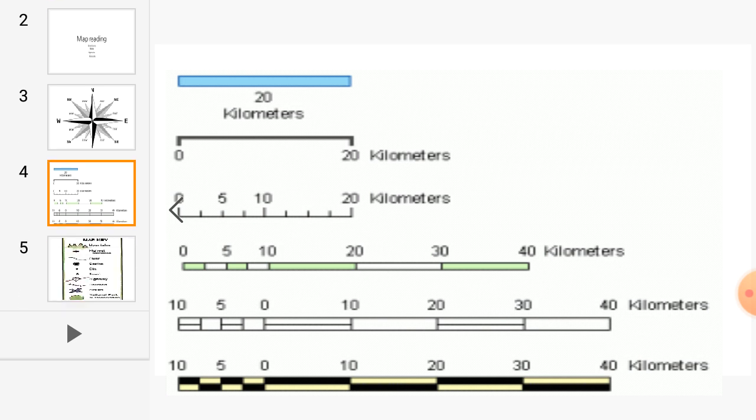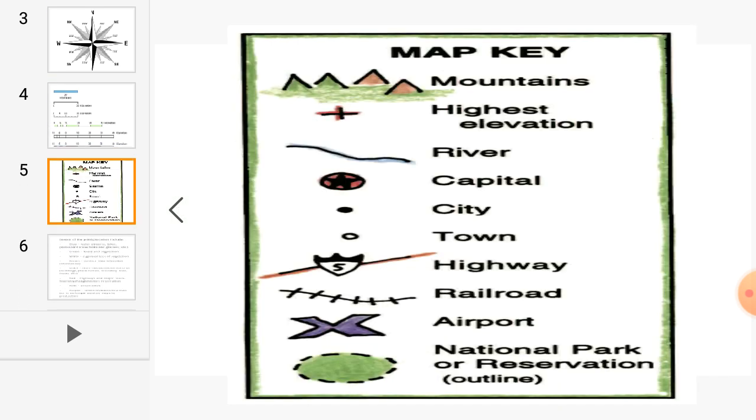Okay children. The next are the symbols. Symbols have been developed to represent some features on the map that can be graphical or pictorial. So there are symbols to show mountains. Children, you can see the mountains are shown, right?